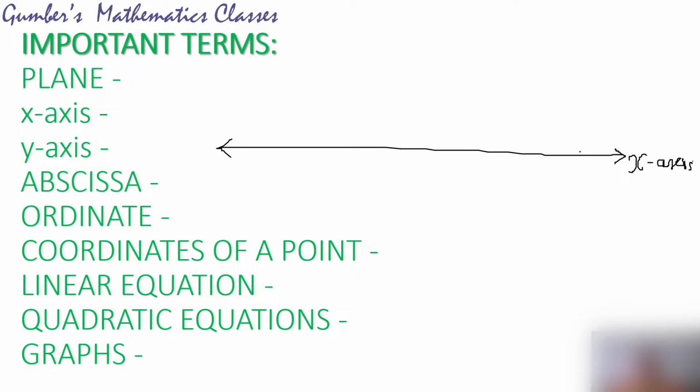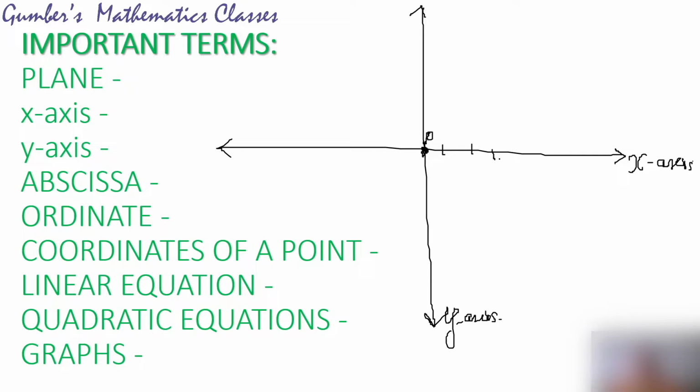And this is nothing else, this is same as the real number line. This contains all real numbers, and this vertical line is known by the name y-axis. And this is the point where both of the axes intersect. This is known by the name origin.